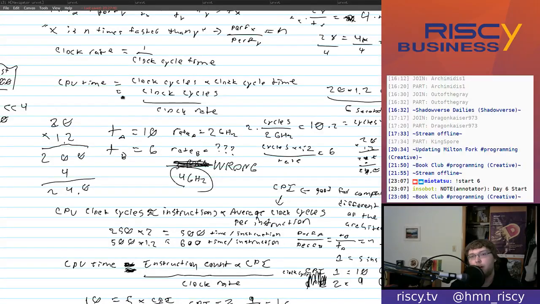Looks like we also say CPU time is clock cycles times clock cycle time, or clock cycles divided by clock rate.